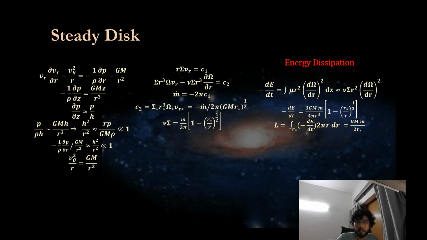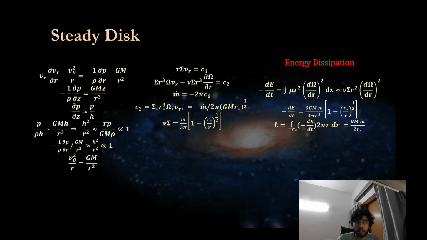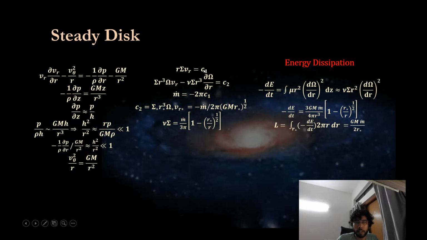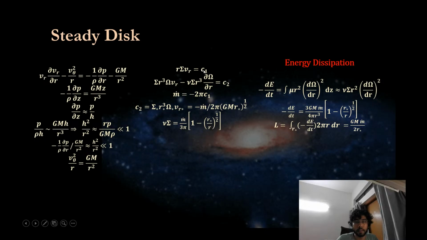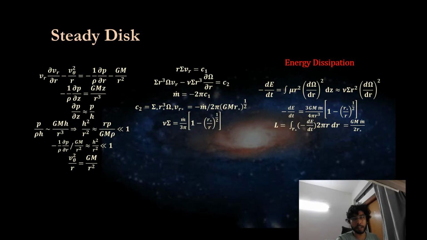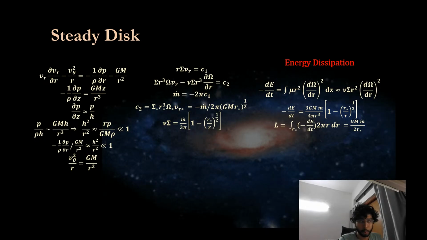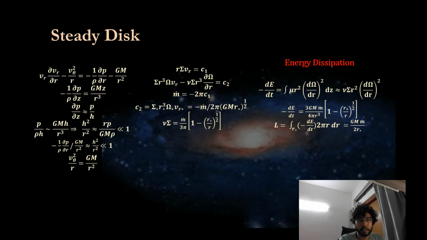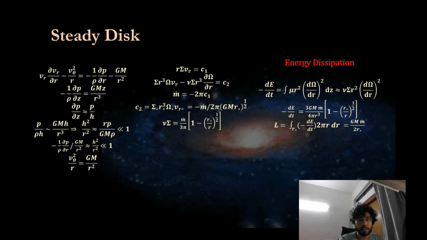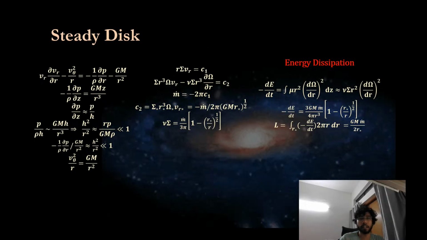Now we try to see if there is any physical significance to this constant. If you remember, in the last lecture we saw the mass accretion rate for Bondi flow, which was a spherical flow. In that case, the mass accretion rate is proportional to the flux of matter coming in through a shell at radius r.